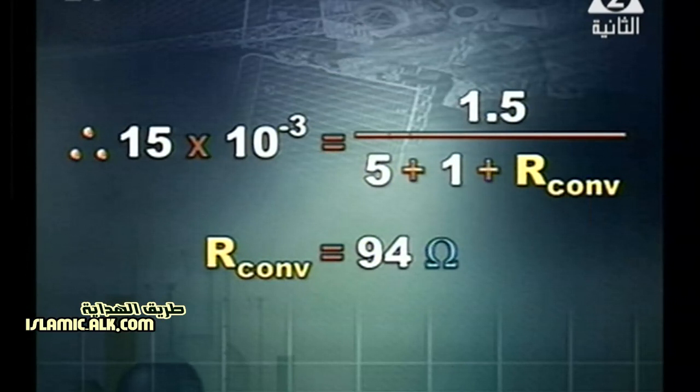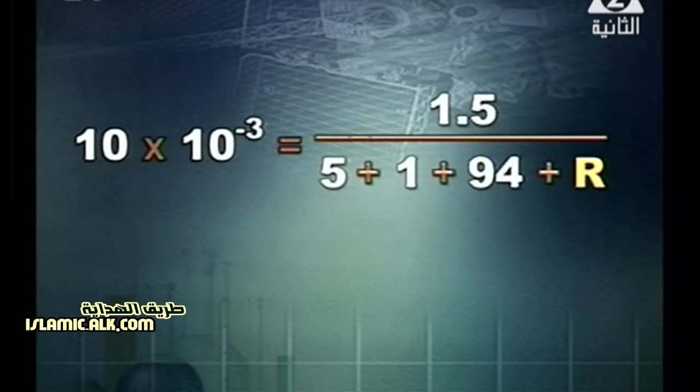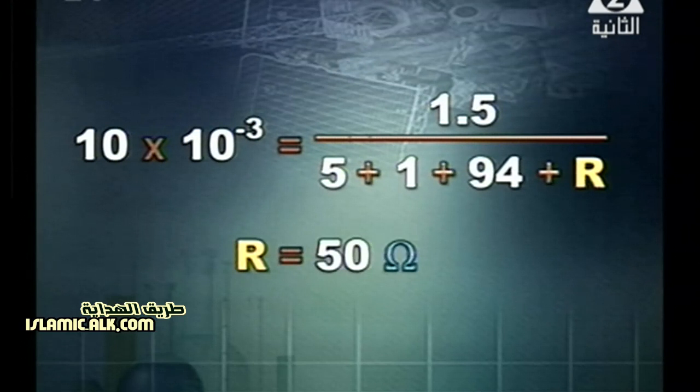Now, we'll measure an external resistance, and the current drops to 10 times 10 to the power of negative 3. Once again, we'll apply Ohm's law of closed circuit. It is equal to 1.5 over the resistance of the galvanometer 5 plus r internal 1 plus R conversion plus the external resistance measured. In this way, we managed to obtain it. It is 50 ohms.